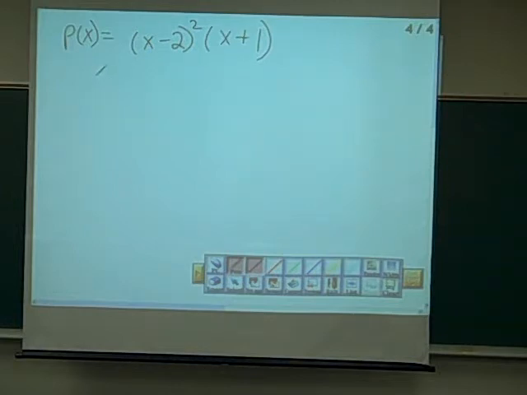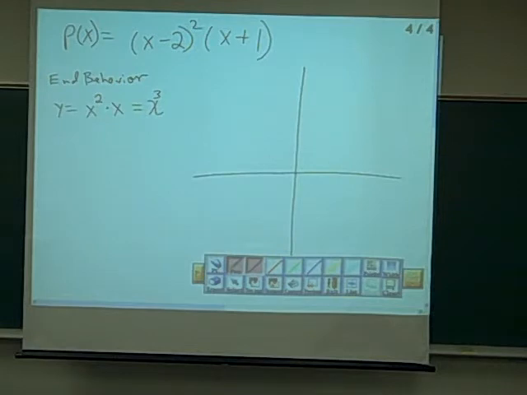Okay, so from here we want to identify our end behavior. Okay, so we have y equals 2. Now you see this x and this x squared outside, that's an x squared times x, so our end behavior is a positive x cubed. Alright, so we know that's going to be up and to the right, down and to the left.